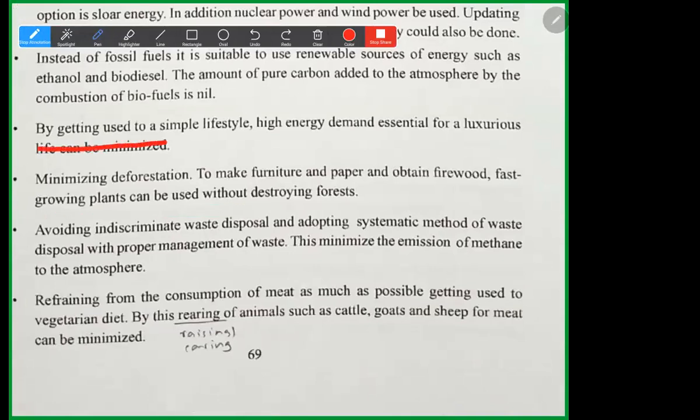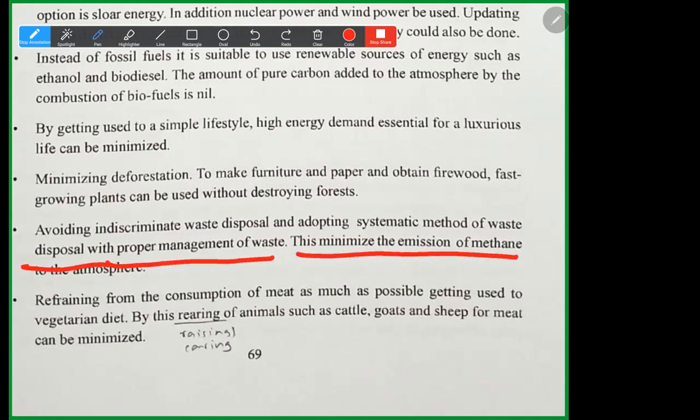By getting used to a simple lifestyle, the high energy demand essential for a luxury life can be minimized. You can reuse all the stuff. Minimizing deforestation: to make furniture and paper and obtain firewood, fast-growing plants can be used without destroying forest. Avoiding indiscriminate waste disposal and adopting systematic methods of waste disposal with proper management of waste.